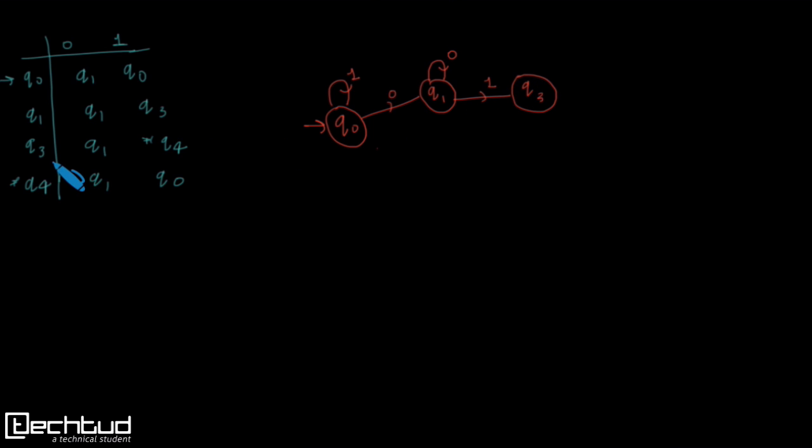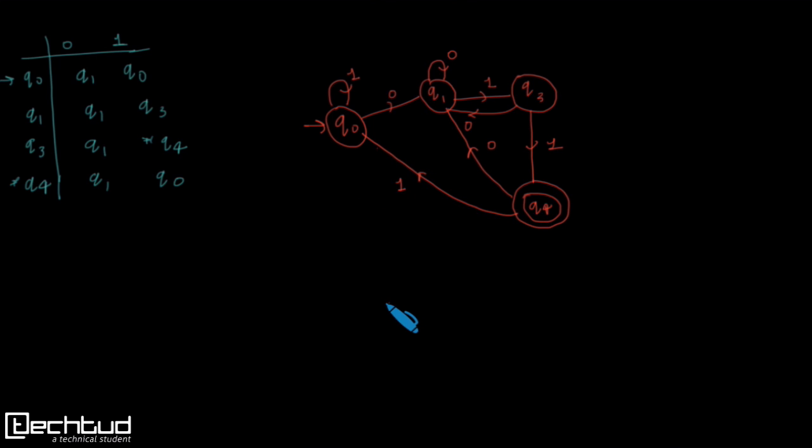Q3 on input symbol 0 goes back to Q1, and on input symbol 1 it goes to Q4, that is your final state also. Q4 on input symbol 0 goes to Q1, and Q4 on input symbol 1 goes to Q0.